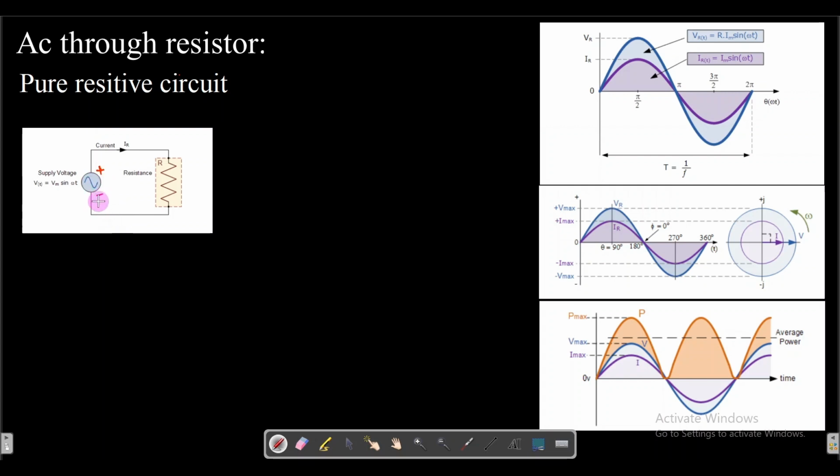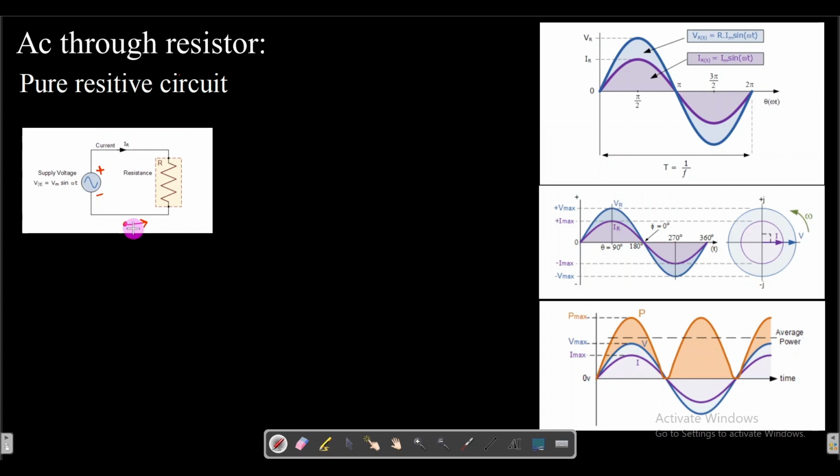Here the force F will be exerted on the electron inside this conductor. Let's say we have an electron inside this conductor, and due to this polarity, the force F will be exerted on this electron, and it will start motion in this direction.